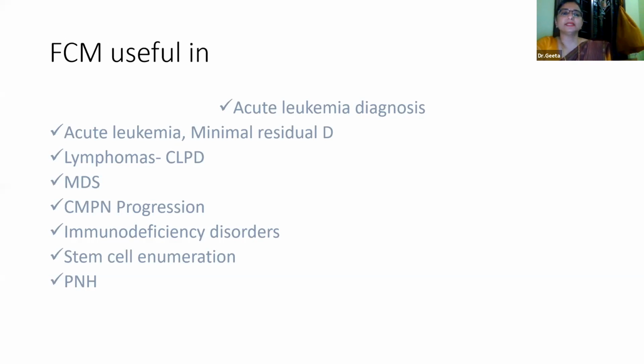It also helps in diagnosing lymphoproliferative disorders, the lymphomas, separating them from reactive hyperplasias or reactive increase in lymphocytes, myelodysplastic syndromes, chronic myeloproliferative neoplasms, especially to indicate whether they are in progression, immunodeficiency disorders, stem cell enumeration, PNH, and then the list goes on.